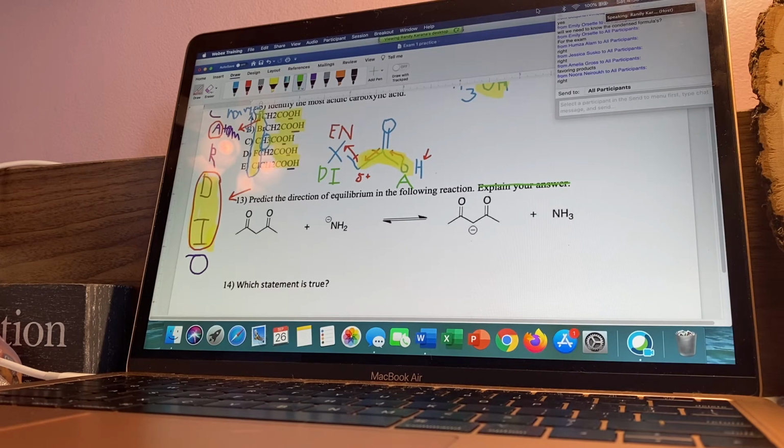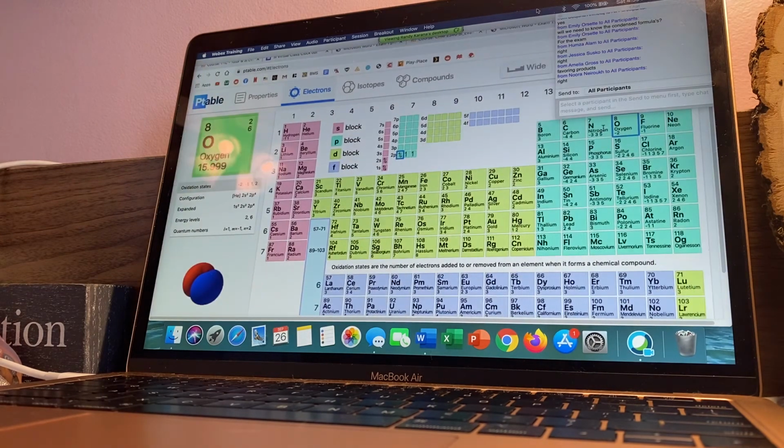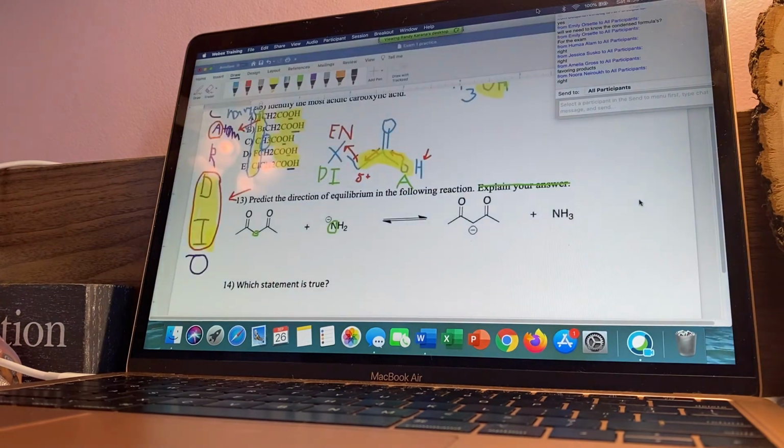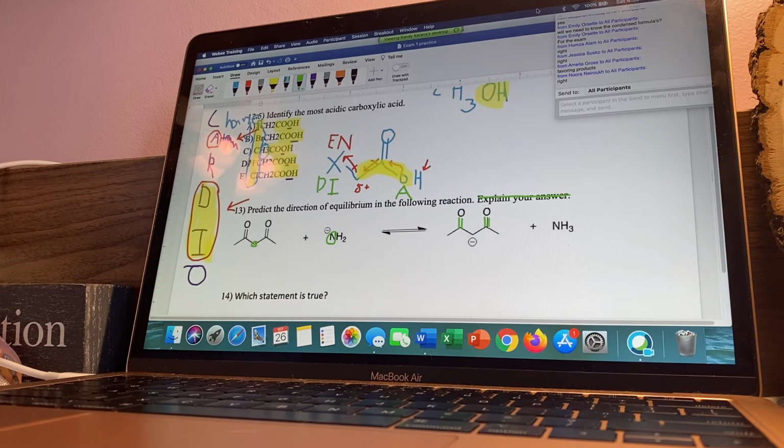Notice how, yes, we do have our atom being nitrogen, and over here we have the atom being carbon. We know that nitrogen is more electronegative than carbon, so it should look like NH3 is a stronger acid. But at the same time, remember how we have resonance? This is why I always say those periodic trend guidelines, they're guidelines.